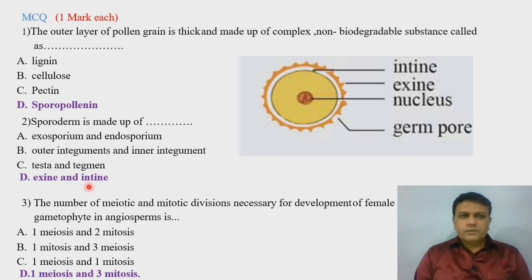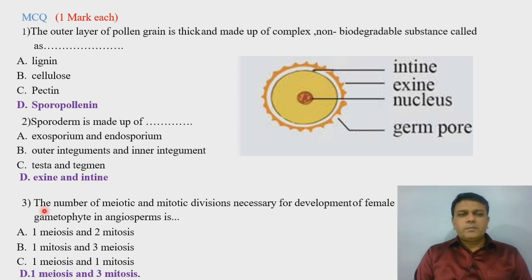Now you know that pollen grain is produced inside the anther of the flower, and this pollen grain produces male gametes. So this pollen grain shows a protective covering. It is called as sporoderm, and this sporoderm is made up of two layers, that is exine and intine. So correct alternative is exine and intine.